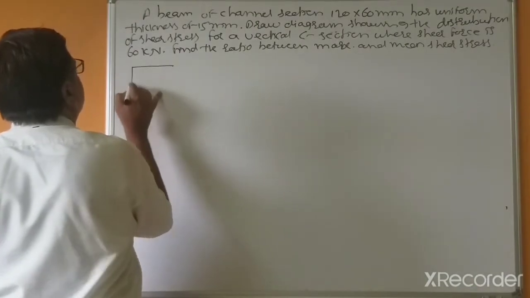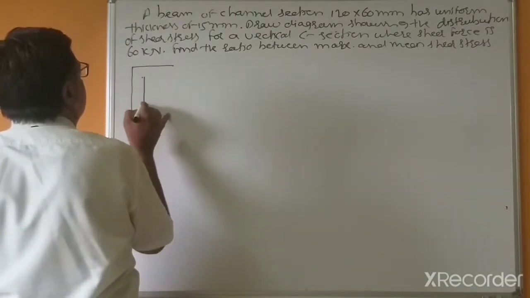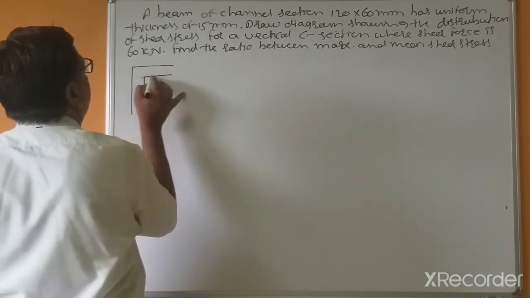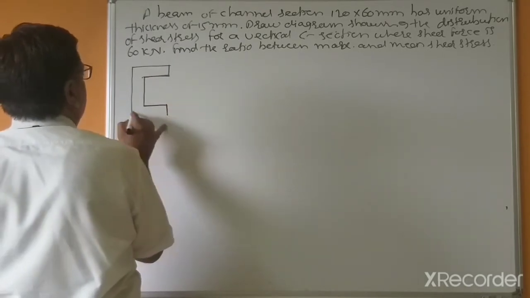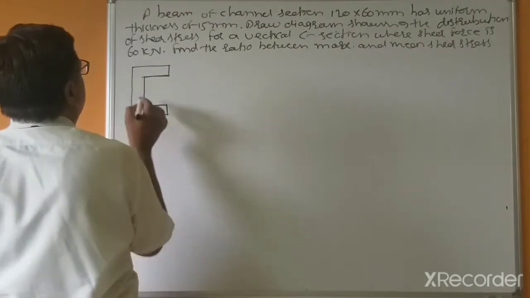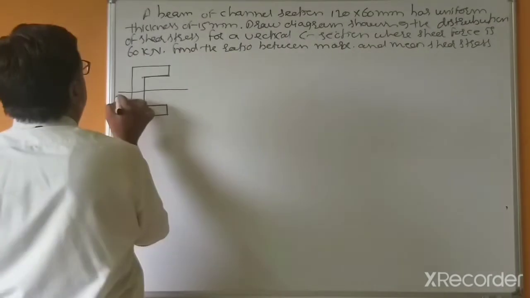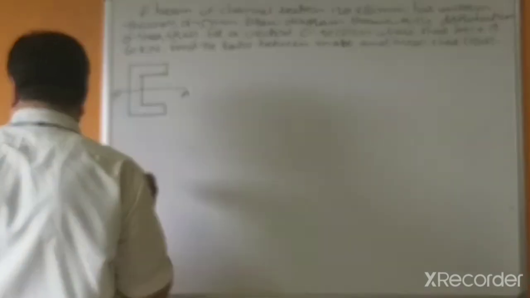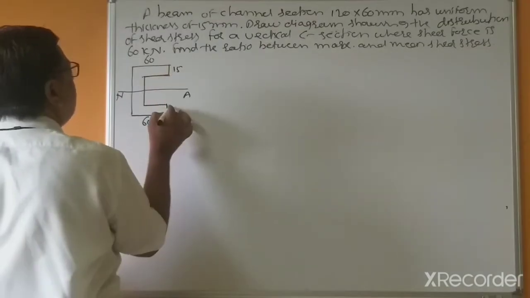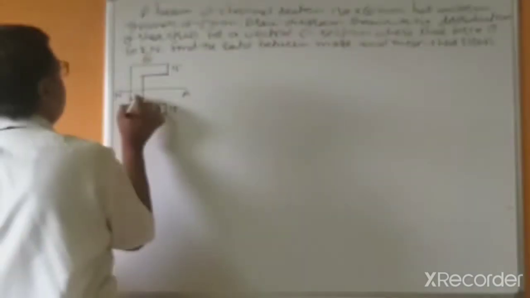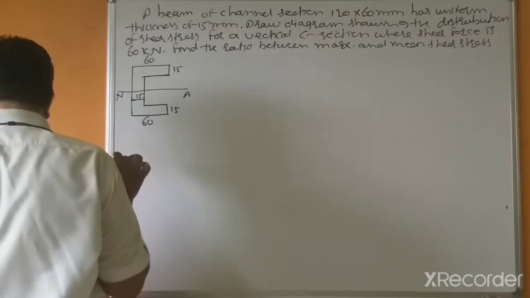So this is the C section. This is symmetrical about the neutral axis or XX axis. This is 60, this is 15, this is also 15, and this is total 120.